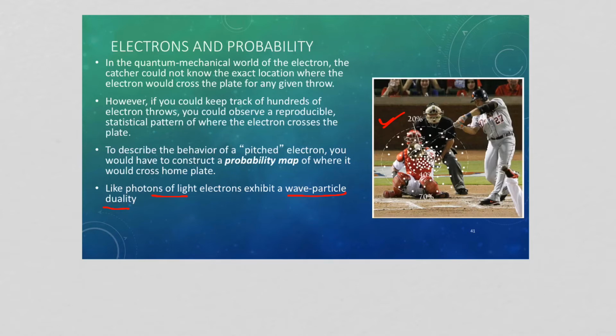We can measure that mass. But just like a light wave, we can't know both things simultaneously. So, we have some properties where we can measure the particle nature, some where we can measure the wave nature. So quantum particles exhibit this same kind of duality as what we saw in electromagnetic waves.